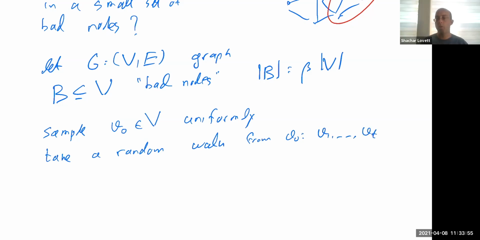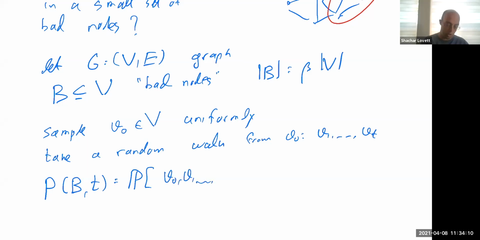We're going to start at a random node and then take t steps, so it's a t-step random walk. And we're going to find the following probability P. P is going to be the probability that all these nodes, V0, V1, up to Vt, are all trapped in this bad set of nodes.